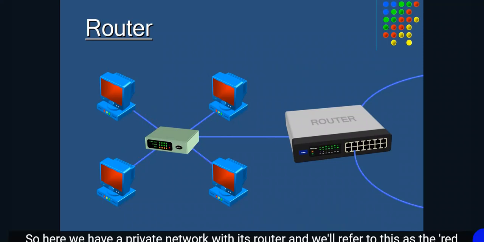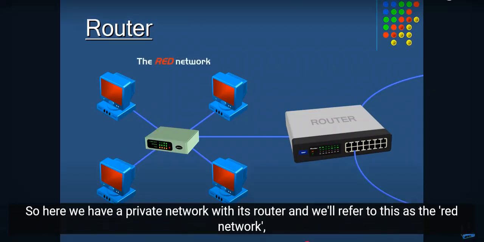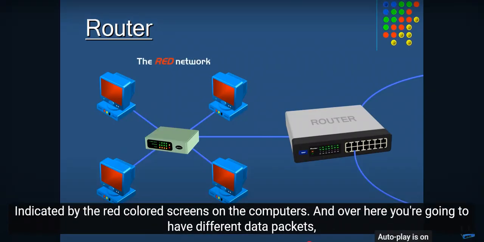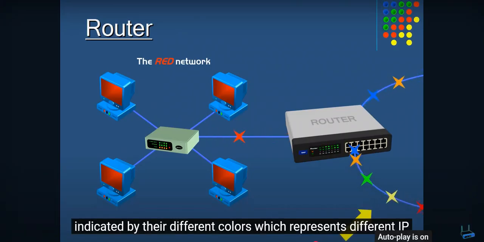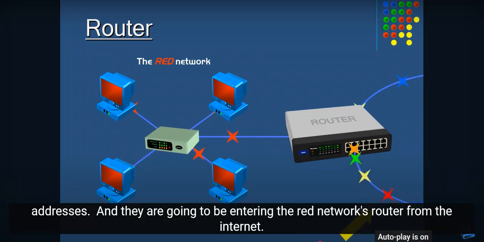We have a private network with its router, and we'll refer to this as the red network, indicated by the red colored screens on the computers. And over here you're going to have different data packets, indicated by their different colors, which represent different IP addresses, and they are going to be entering the red network's router from the internet.